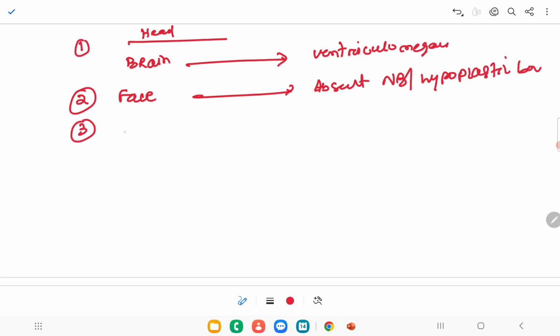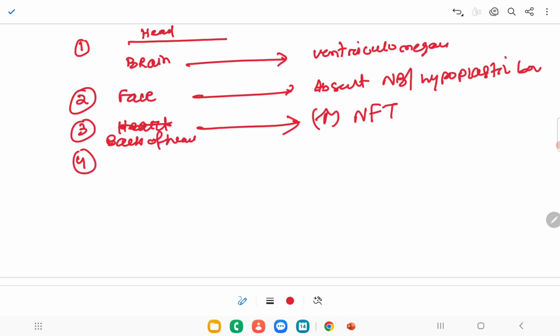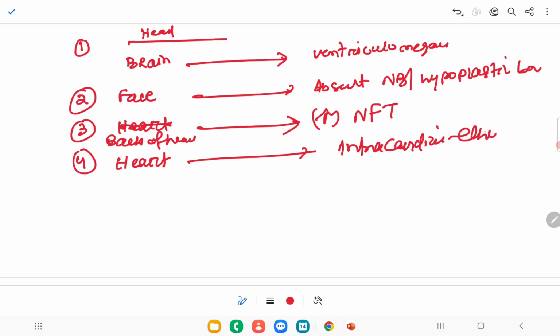Then you go to the back of the head, that is increased nuchal fold thickness. Then fourth, you go to the heart, intracardiac echogenic focus.